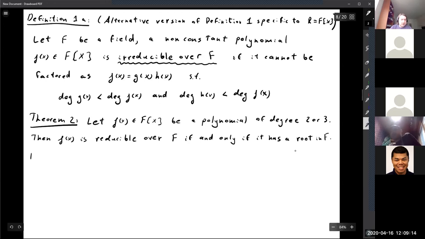Well, for the proof, the opposite implication essentially follows from the division algorithm.